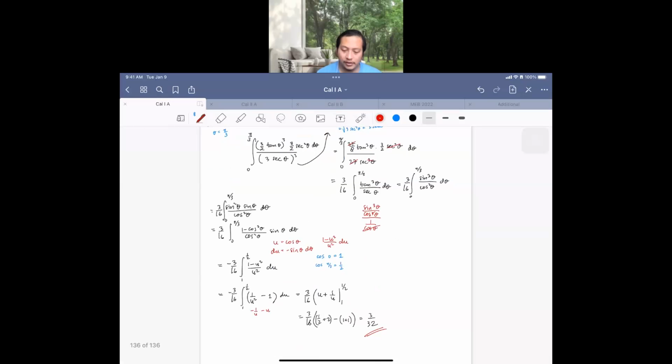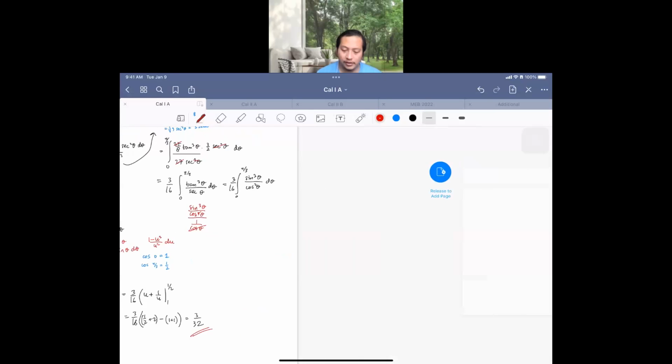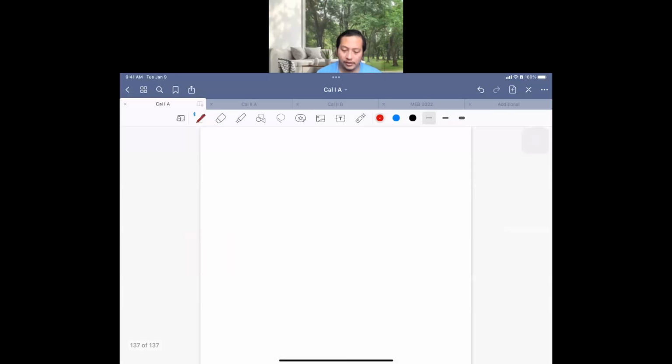Okay, I think one more short example. What can we have in terms of the questions? Another example that can be done is, for example, the integral of x over the square root of 3 minus 2x minus x squared dx.